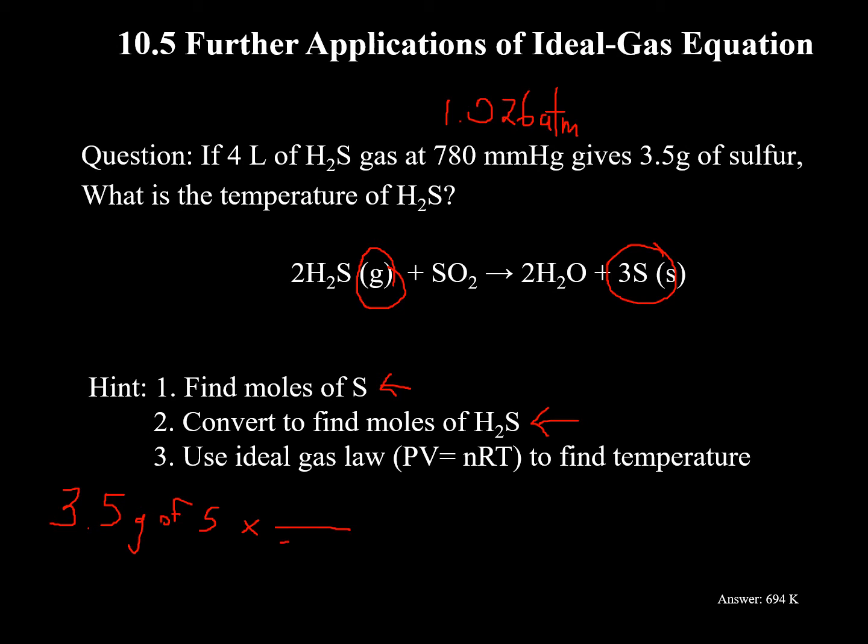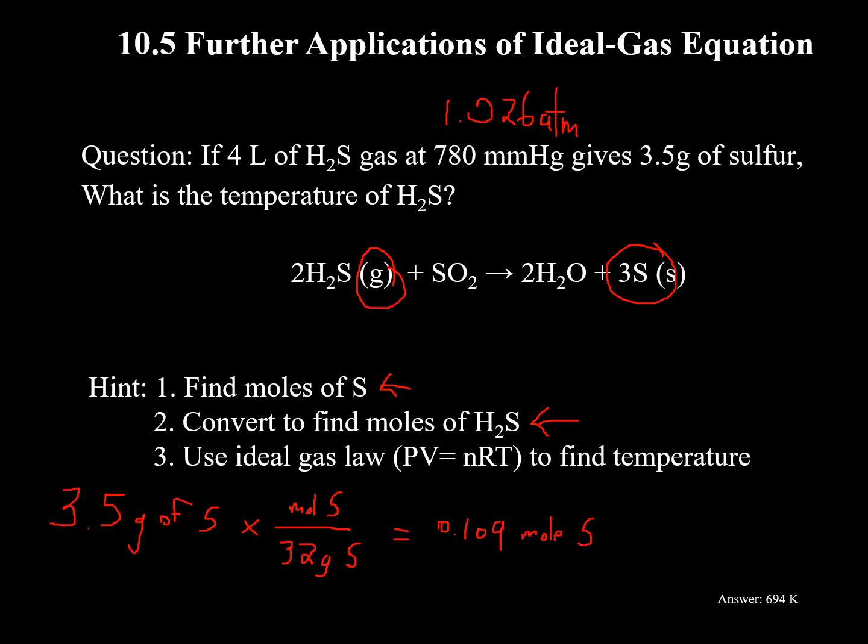The molar mass of sulfur is 32 grams of sulfur for every mole of sulfur, and this comes out to 0.109 moles of sulfur.